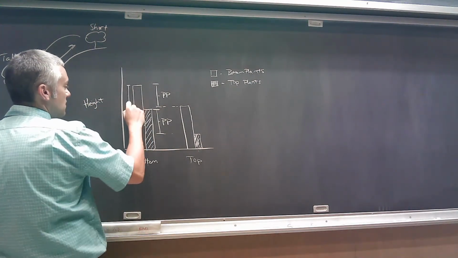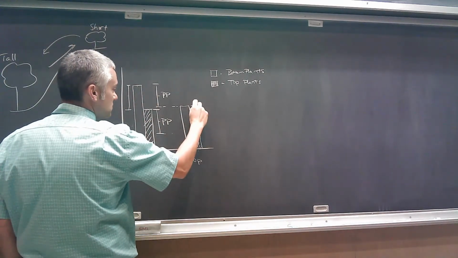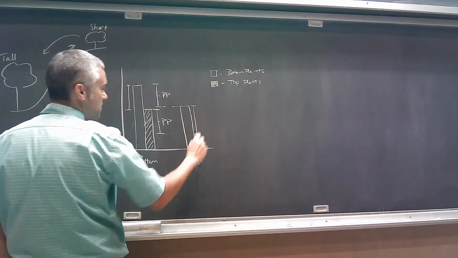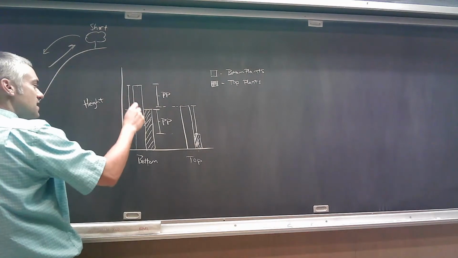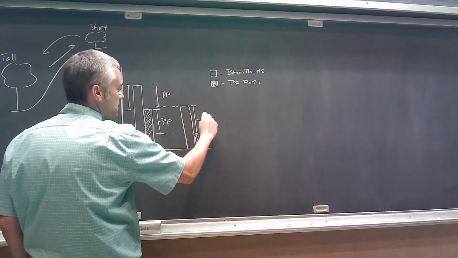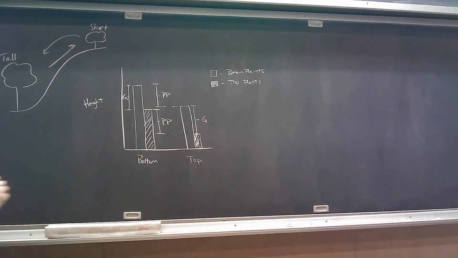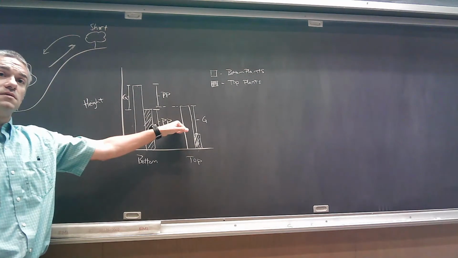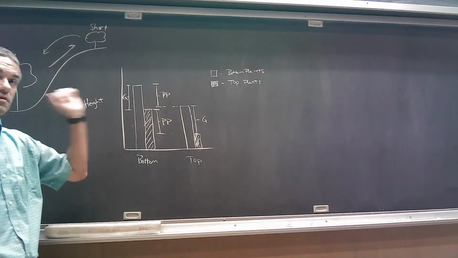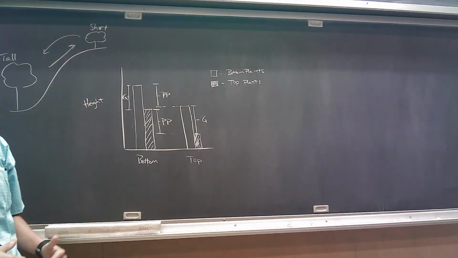Difference here between these two, so from there to there and there to there, the difference between our top and bottom plants, this represents our genetics. That's our genetic contribution. The tall plants still remain tall. The short plants are still short. Still have that tall versus short distinction.